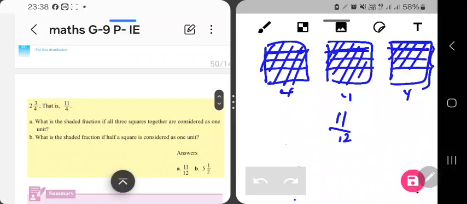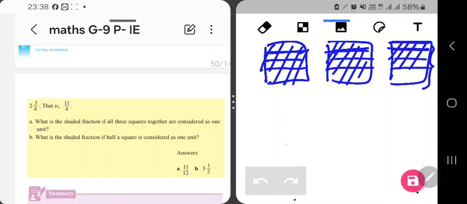So second question, question B says, what is the shaded fraction if half a square is considered as 1 unit? So how to deduce that? Let's figure that out. So they're saying half of this square.